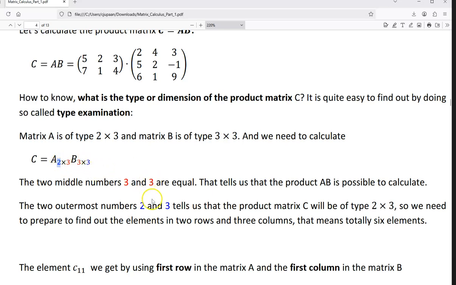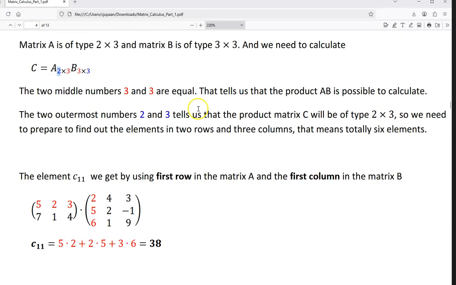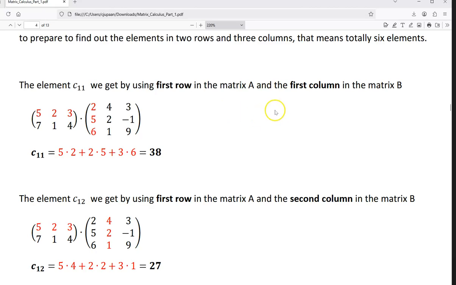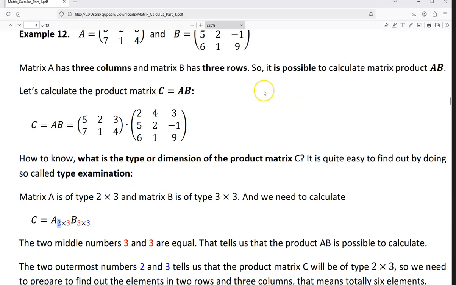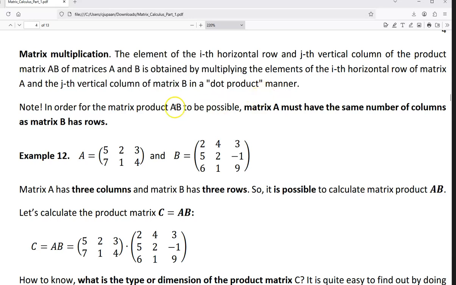So you need to reserve space for that kind of matrix, 2 rows and 3 columns. So when we start to calculate the multiplication, and here it was said that it was some kind of dot product manner.